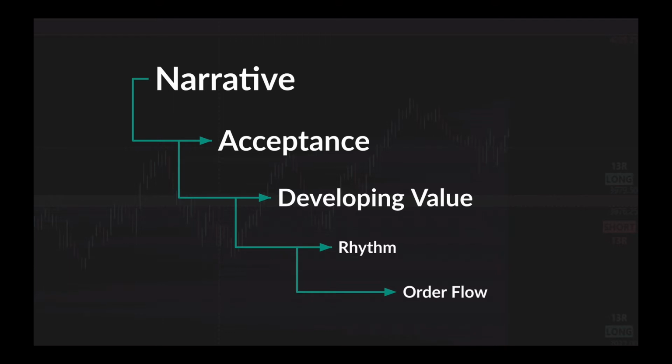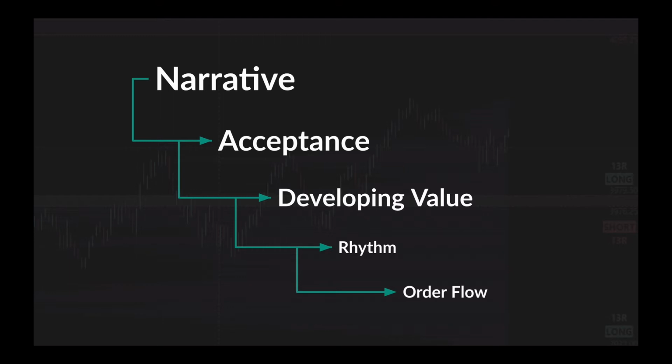As we get lower and lower, we're getting closer and closer to trade execution. Narrative is understanding what's happening in the market, where it is going, and what some key areas are, all the way down to order flow, which is how I precisely time entry of my trade. Rhythm is very close to that.